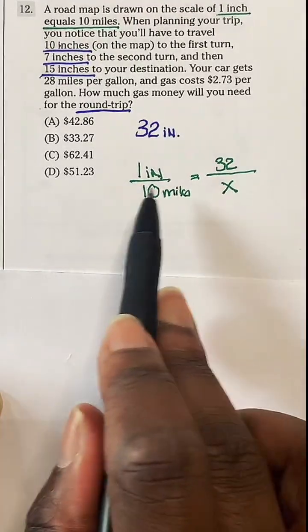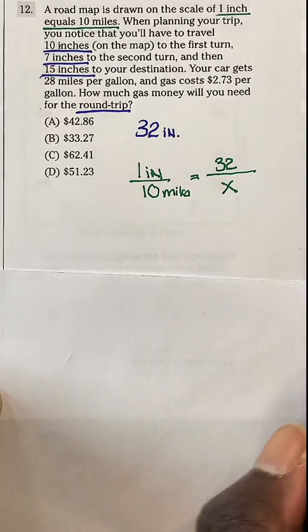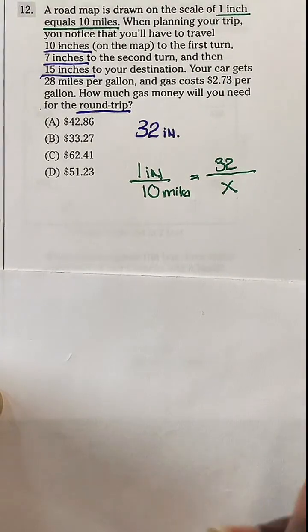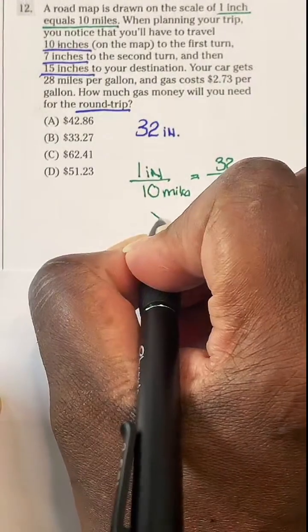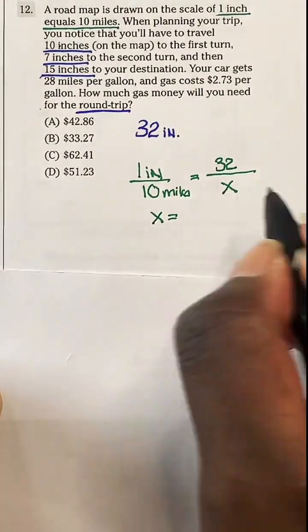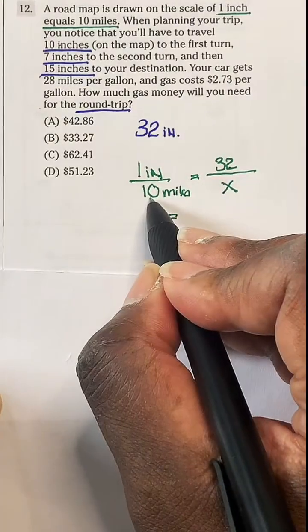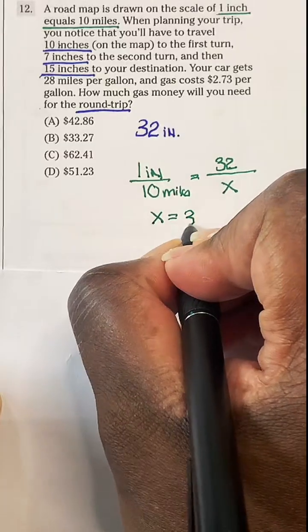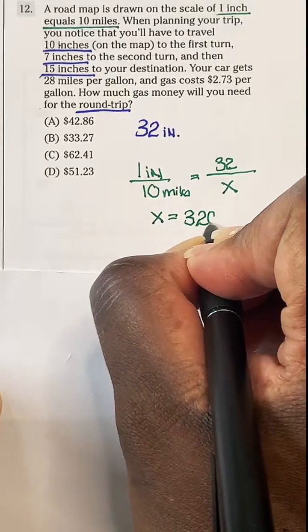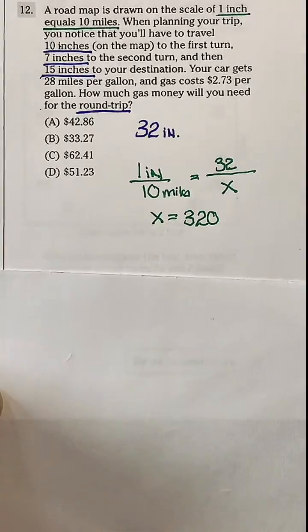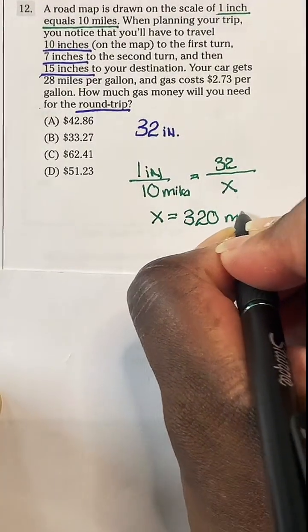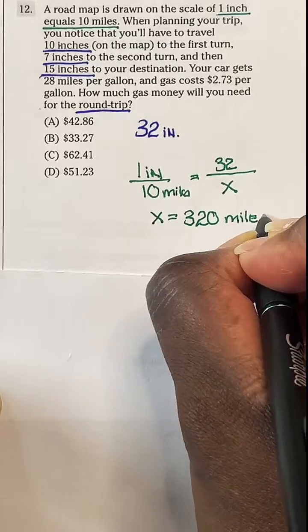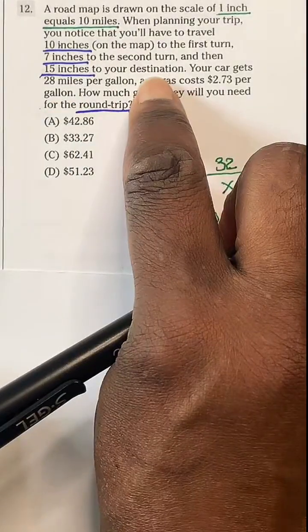Since we're doing a comparison, we have what's called a proportion. We're going to multiply 1 times x, which simply gives me x. And then we multiply 32 times 10, so that gives me 320. But like someone mentioned, they weren't sure: 320 miles is just going to your destination.